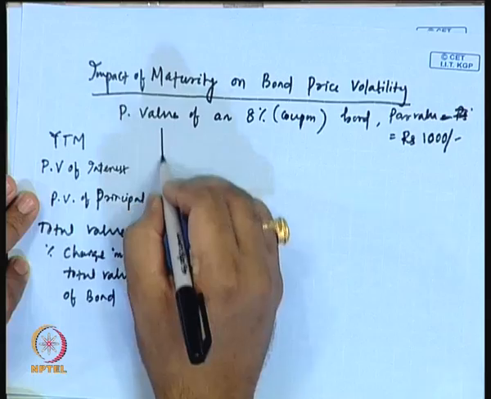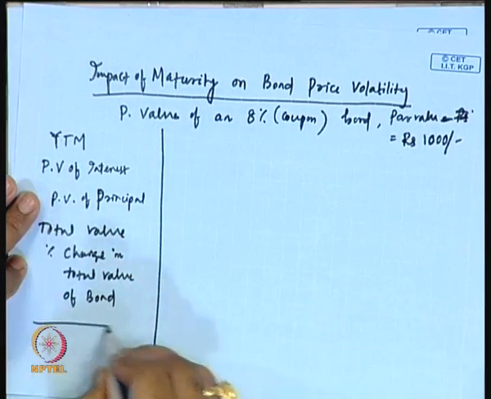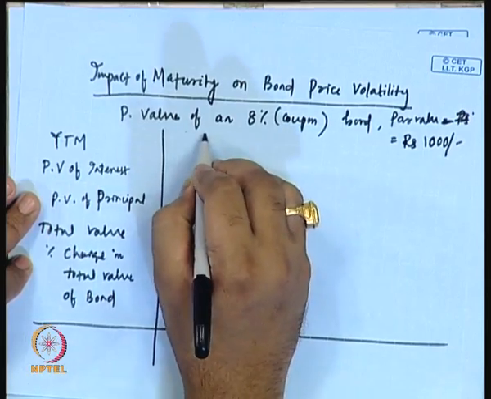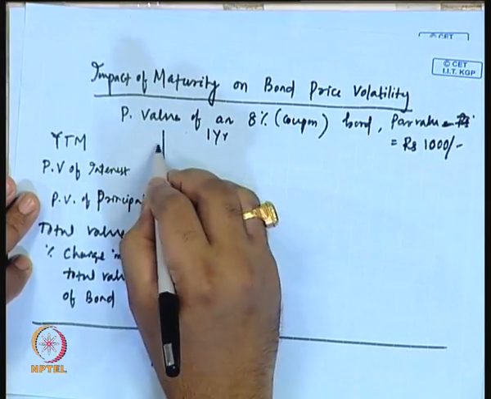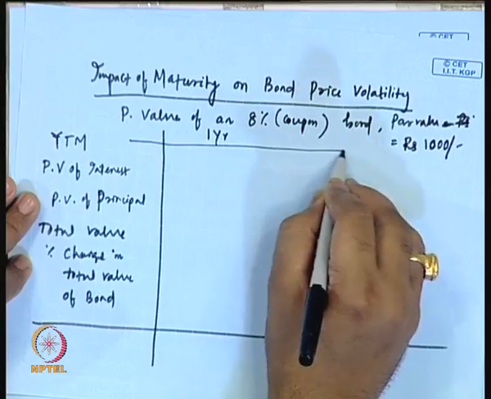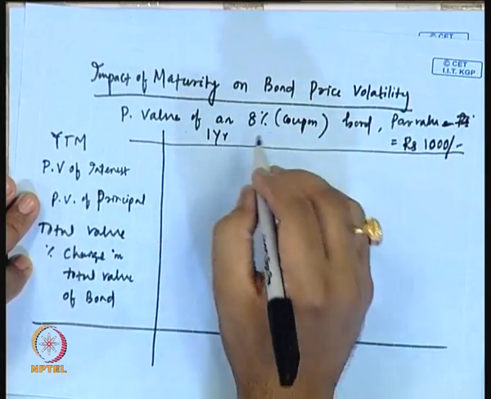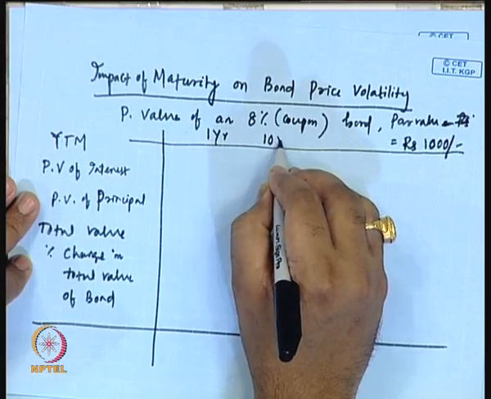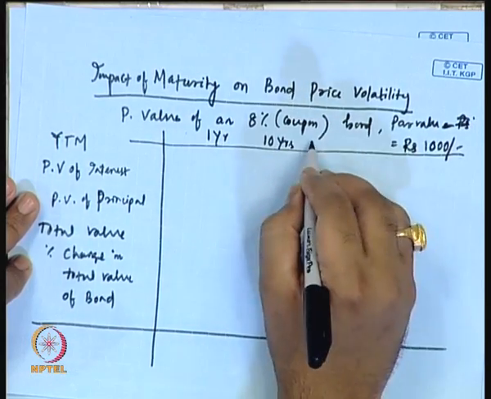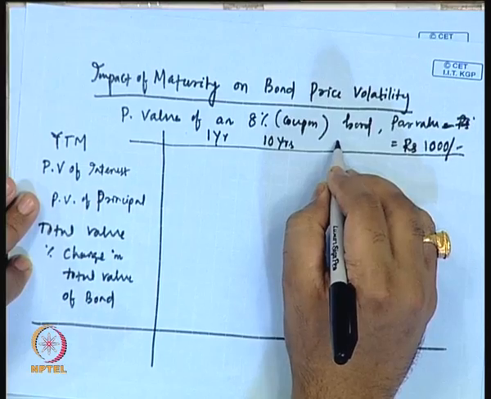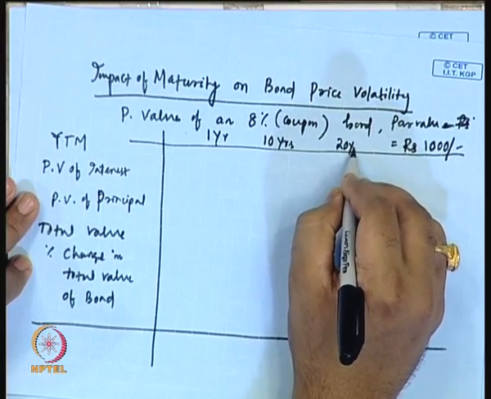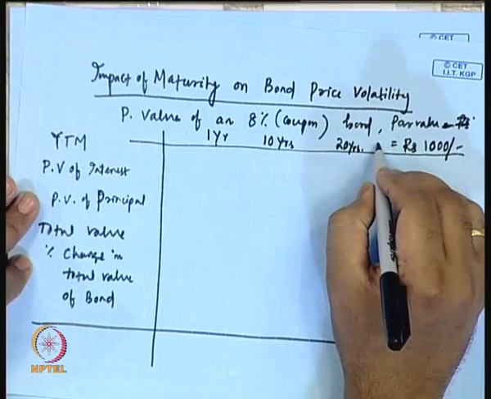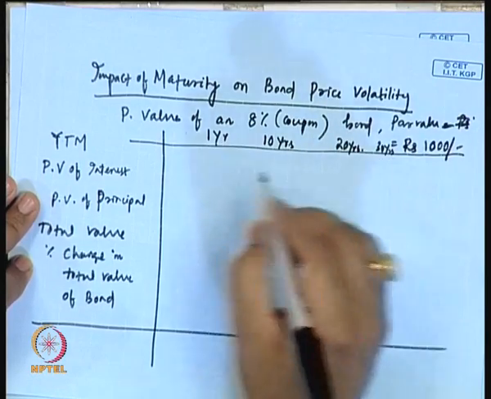Then how can we prove these theorems? Let us have a 1 year term to maturity, then 10 years term to maturity, then 20 years, then 30 years term to maturity.